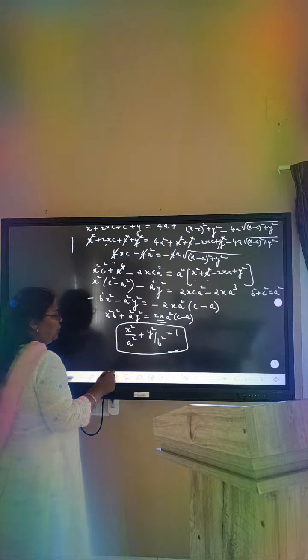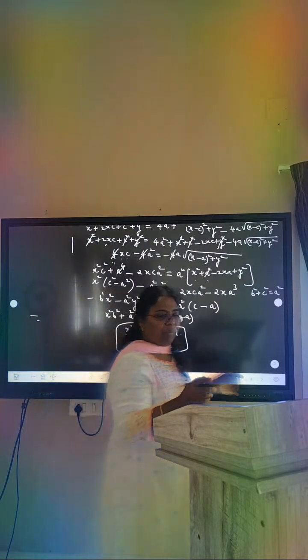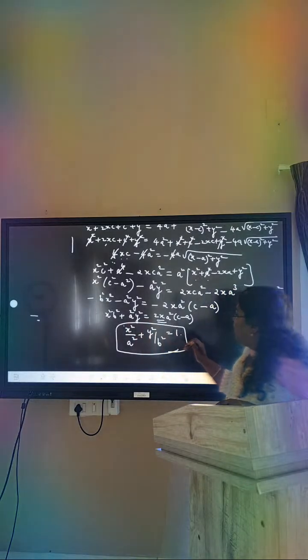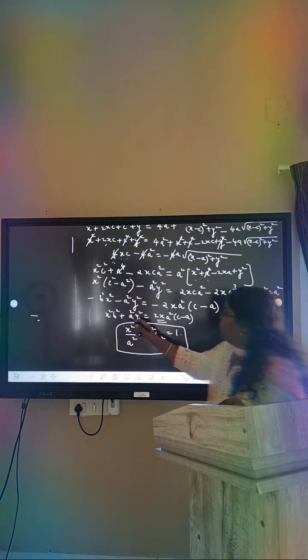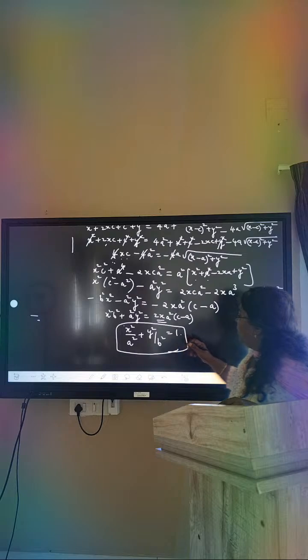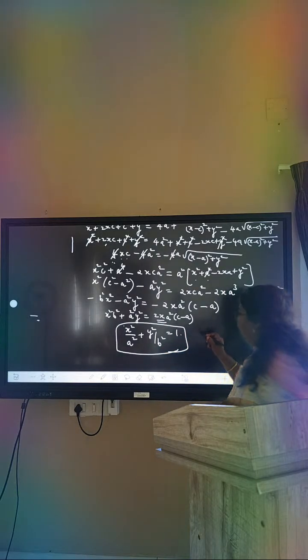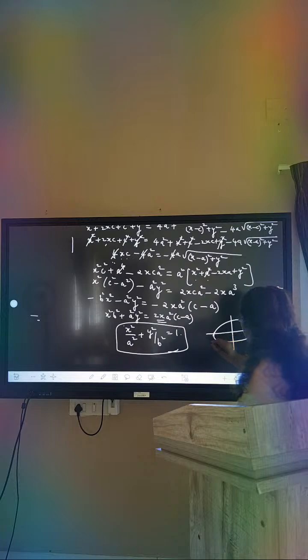The equation of the ellipse is x squared by a squared plus y squared by b squared is equal to 1. So dividing throughout by a squared b squared, you get x squared divided by a squared plus y squared divided by b squared is equal to 1. This is the equation of the ellipse whose vertices are at the points minus a comma 0 and a comma 0, 0 comma b, and 0 comma minus b.